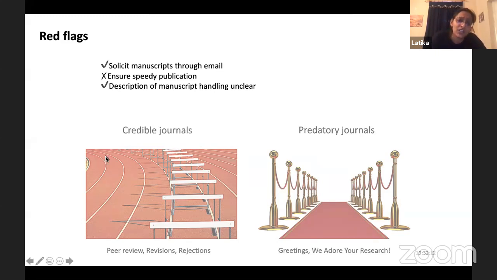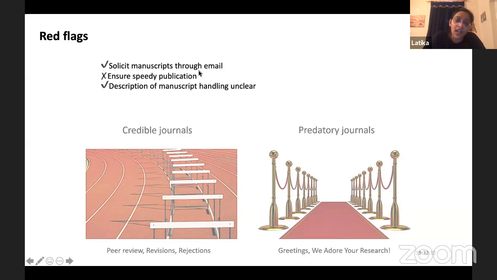Publishing in a credible journal is like a series of short sprints or a relay, where the first author is at this end as well as the other end, and gets tired in this never-ending process, while a predatory journal is pretty much a cakewalk, like walking down the red carpet, because they solicit manuscripts through email, they ensure speedy publication, but the description of manuscript handling is usually not very clear.